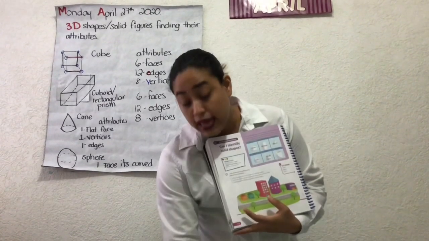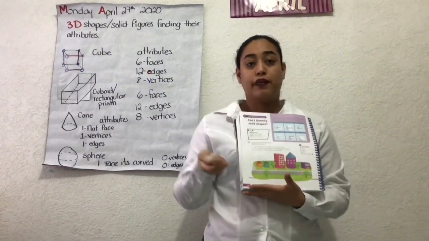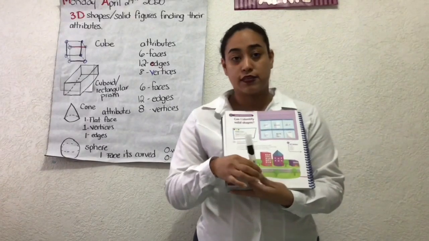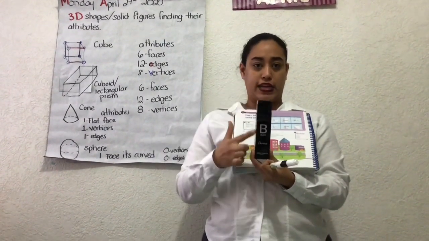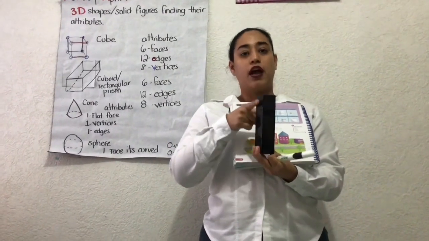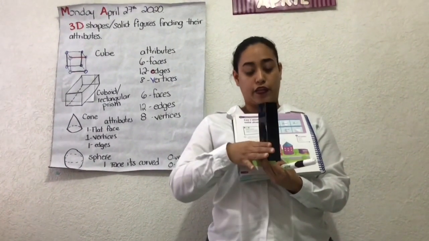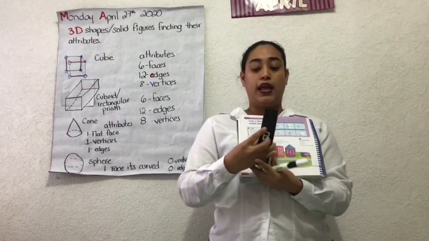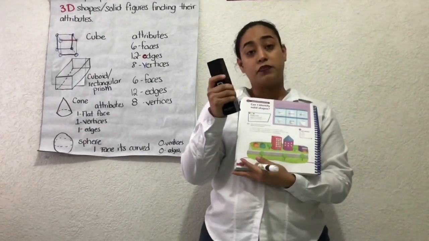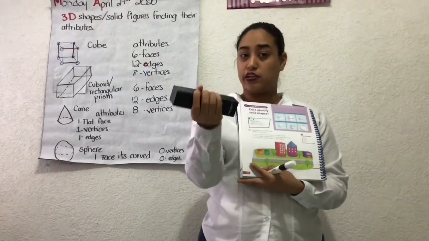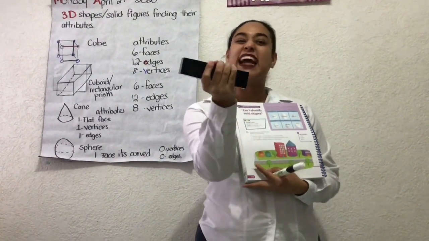These shapes are made of two-dimensional ones. For example, this is made out of rectangles: a rectangle right here, another rectangle right here, another rectangle right here, and another rectangle right here to make a whole. And then I have a square here and a square here. These objects make one that I can touch. A solid one is something that I can touch.